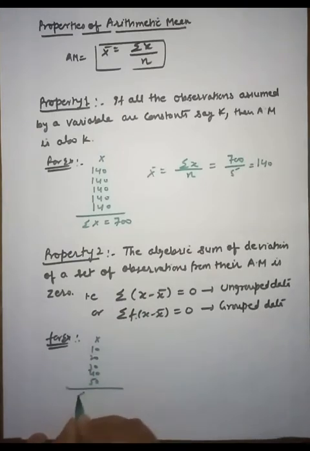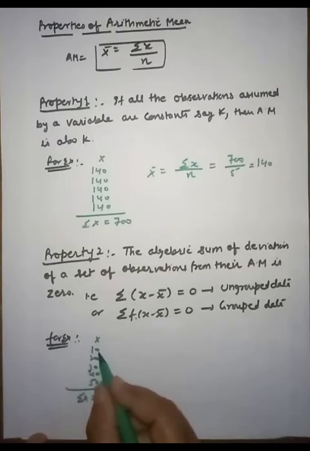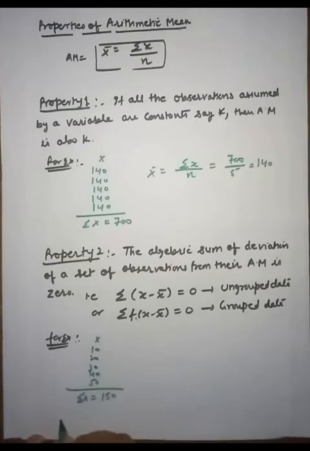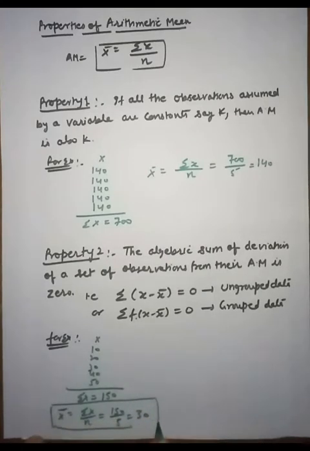First we calculate the summation of x. This value comes to 150. Now find x bar, summation of x upon n. So 150 upon n, here I have taken 5 values, so this is 5, and this comes to 30. So see friends, here x bar comes to 30, right?